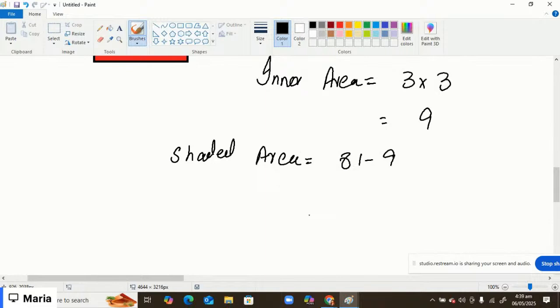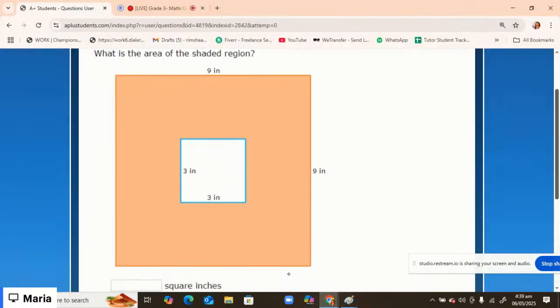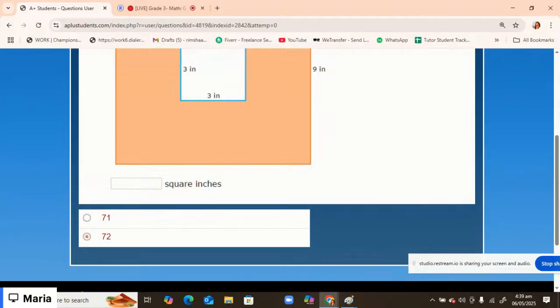Everyone tell me in the chat. That is 72. This is the answer. Very well done, everyone. Okay. Let's see, is there any option for 72 here? Yes, it's on here.